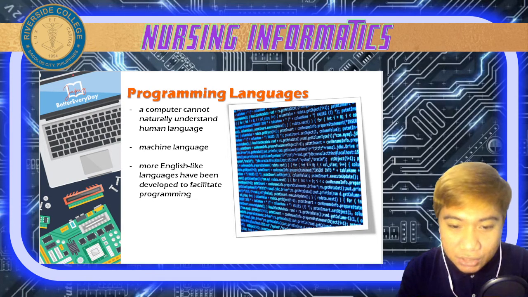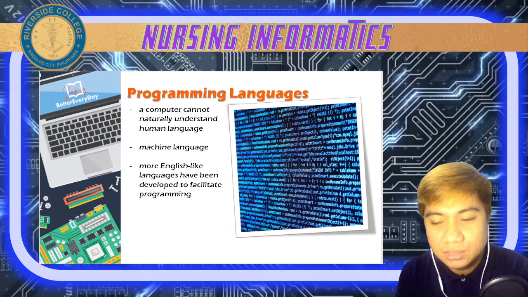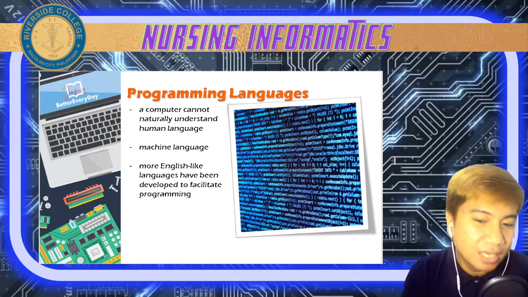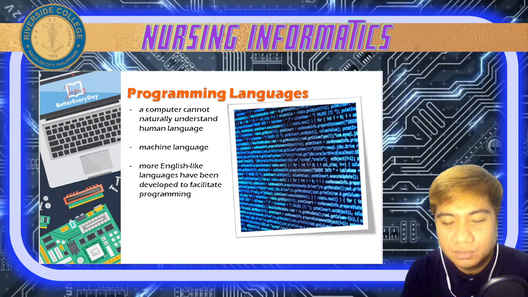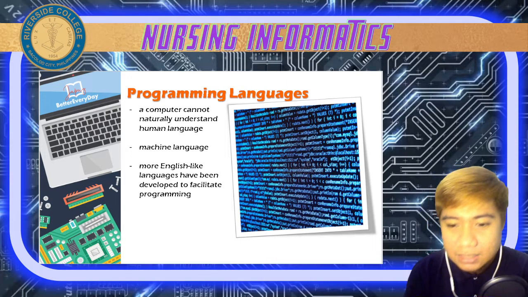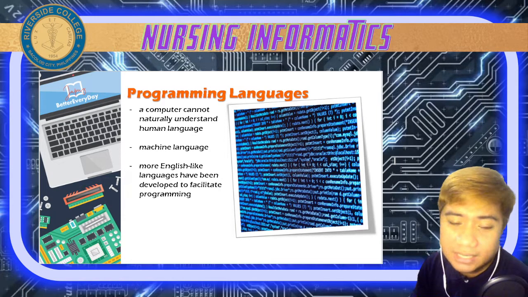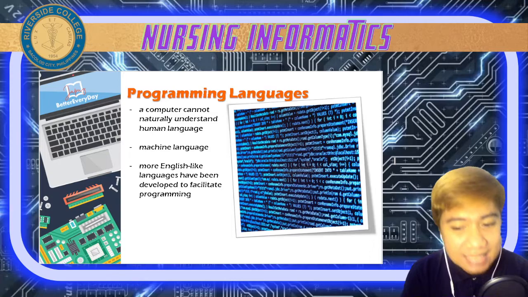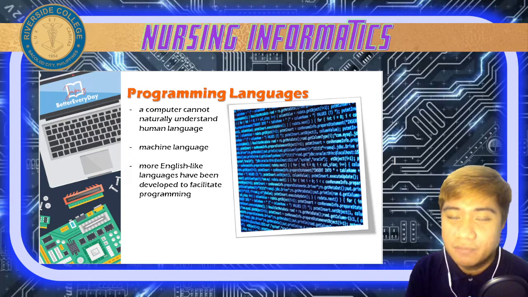So in addition, you will learn that a computer cannot naturally understand the human language. So the language of the computer is a machine language, and it is understandably very difficult to programmers. So therefore, more English-like languages have been developed to facilitate your programming, wherein as languages become more English, no, they are described in terms of levels.